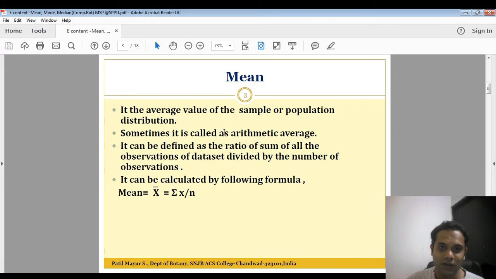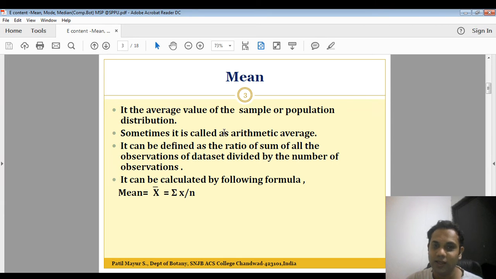First of all, we're going to study the first measure of central tendency, that is the mean. The mean is the average value. We have already seen during our school level how to calculate the mean. The mean is the average value of the sample or the population.